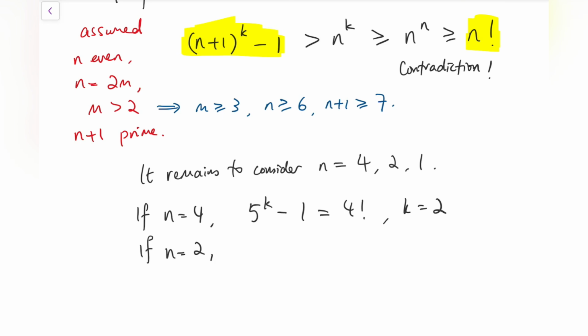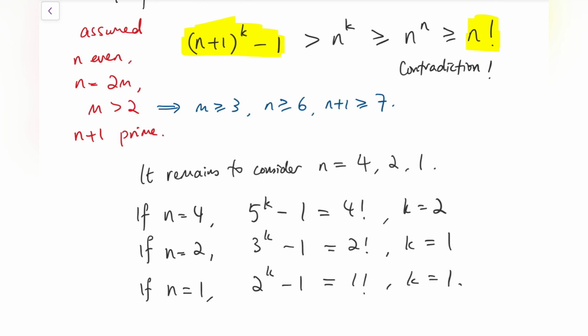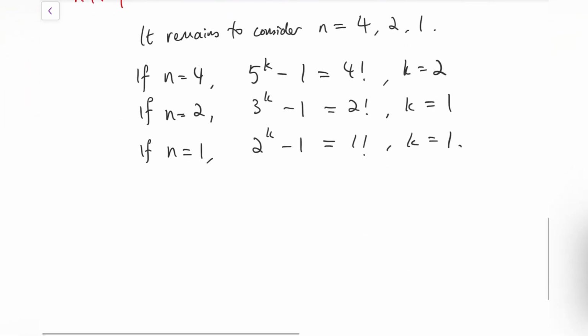If n equals 2, then 3 to the power k minus 1 equals 2 factorial, and that gives k equals 1. While if n equals 1, finally, 2 to the power k minus 1 equals 1 factorial, and again k equals 1.